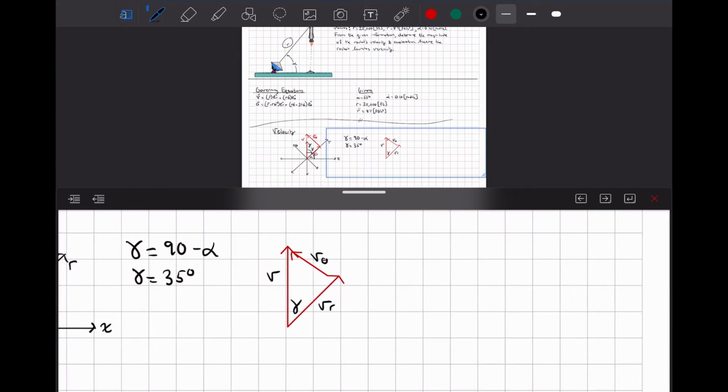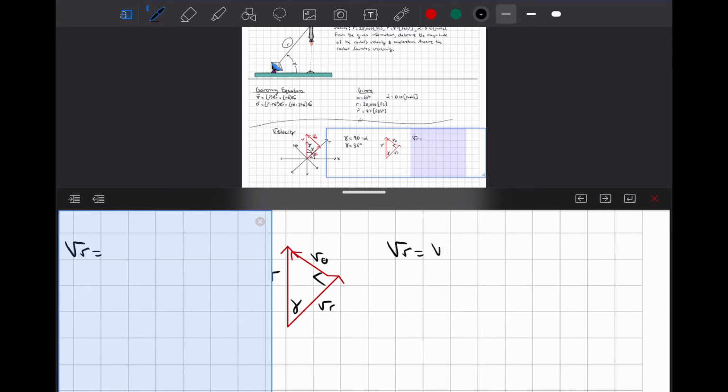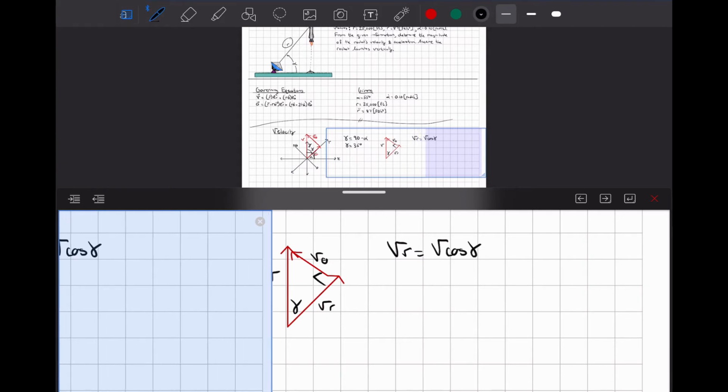And so from our simple trigonometry, we have that 90-degree angle there. We can write that VR is going to be equal to V cosine gamma, and V theta is going to be equal to V sine gamma.